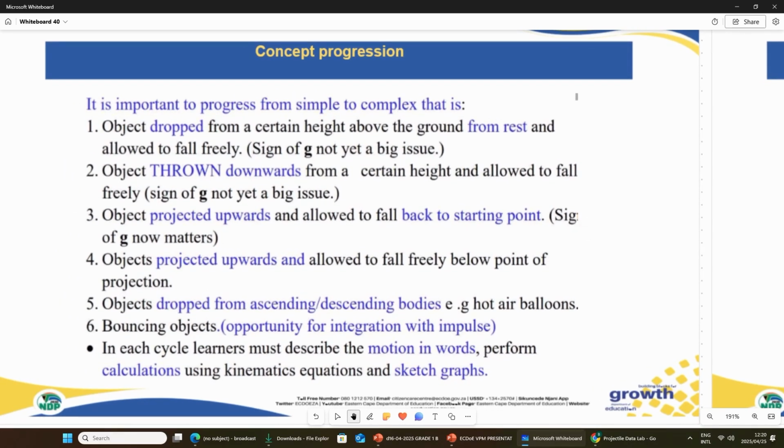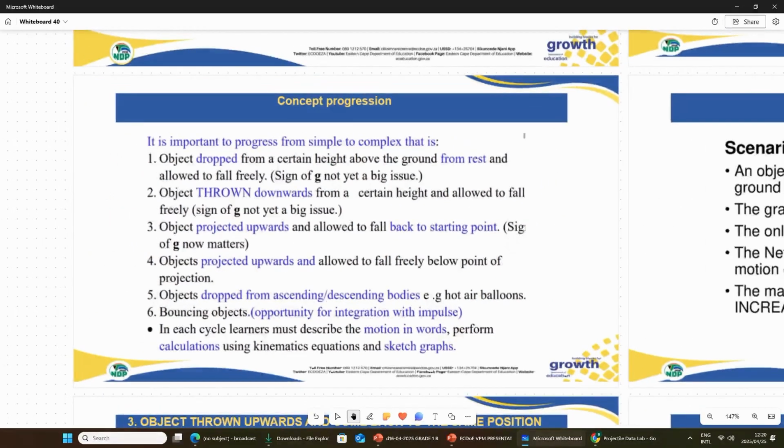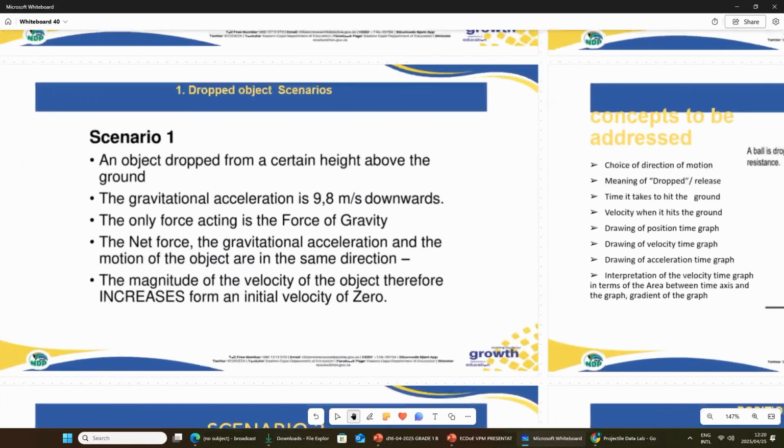The first scenario is of an object that is dropped from a certain height above the ground, from rest, and allowed to fall freely. Also note that the sign of g is not yet a big issue in that scenario. Let's move to that first scenario.